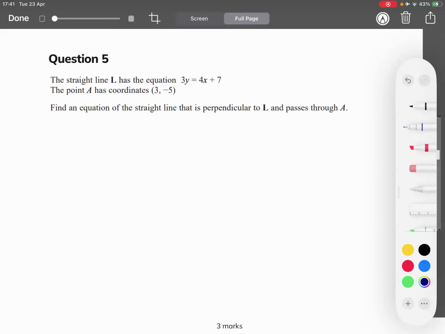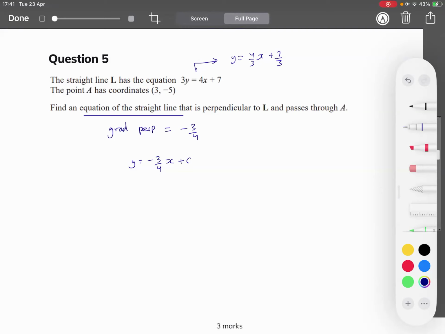So let's first work out the gradient of the line L. So y equals 4 over 3 x plus 7 over 3. So therefore, the gradient of the perpendicular line is minus 3/4, the negative reciprocal. So we know the equation of that line is y equals minus 3/4 x plus c.